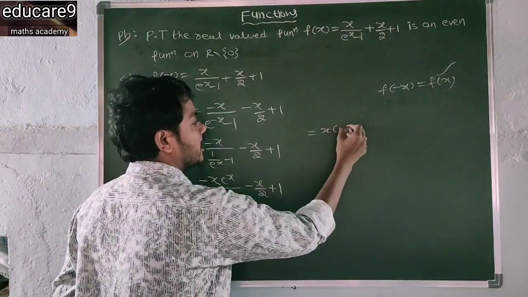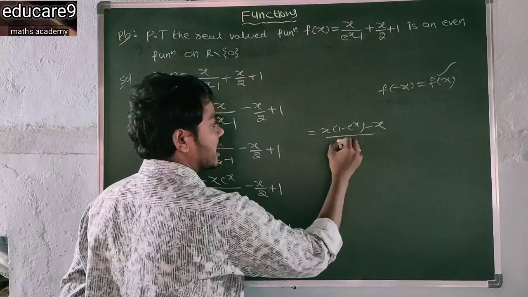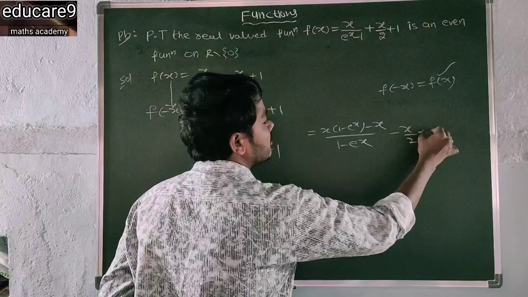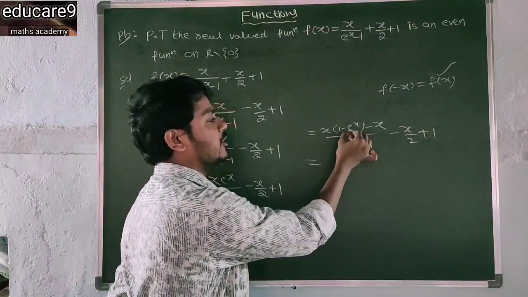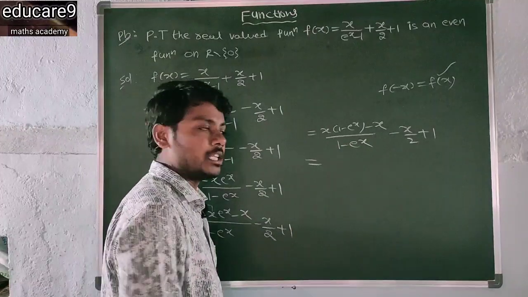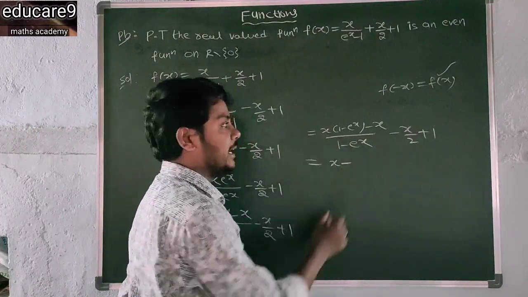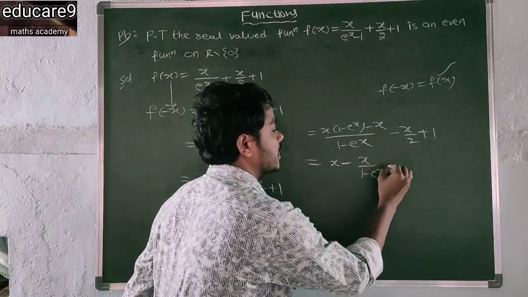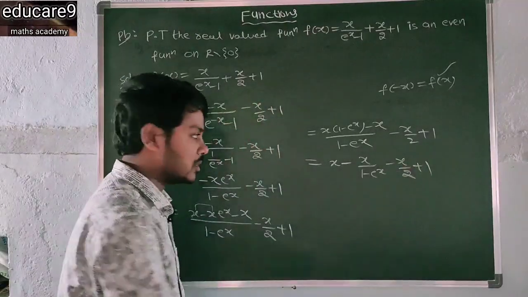You get 1 minus e power x minus x. So divide by 1 minus e power x, minus x by 2 plus 1. Now here separate the terms. So what you get? X into 1 minus e power x by 1 minus e power x. You will get x minus x by this. X by 1 minus e power x. So minus x by 2 plus 1.